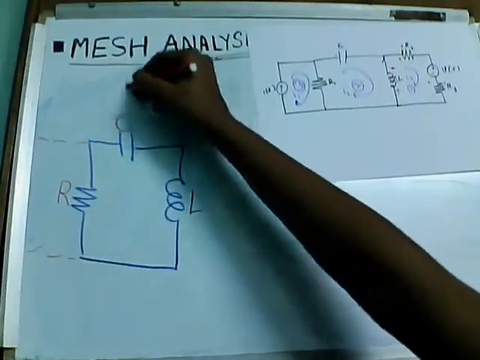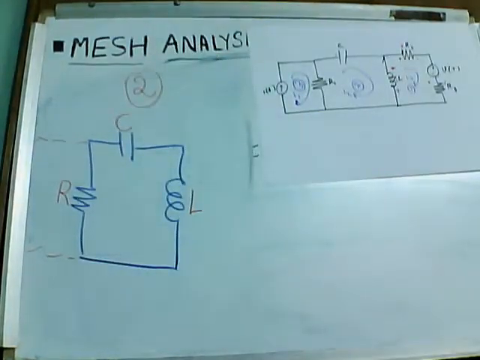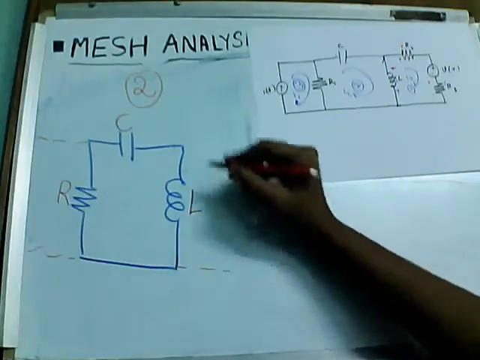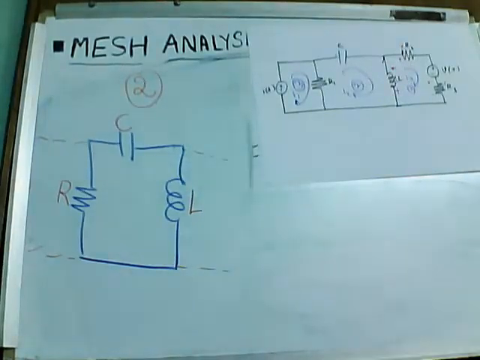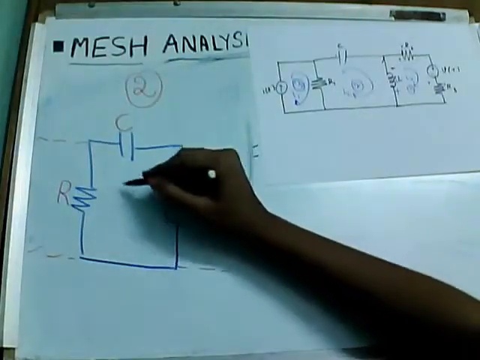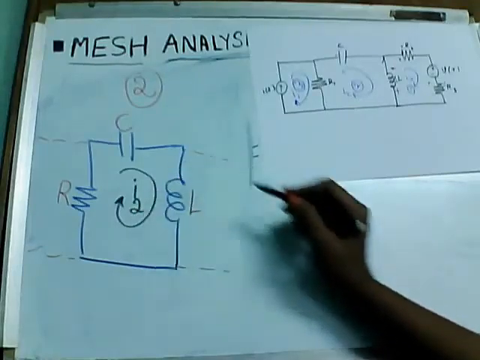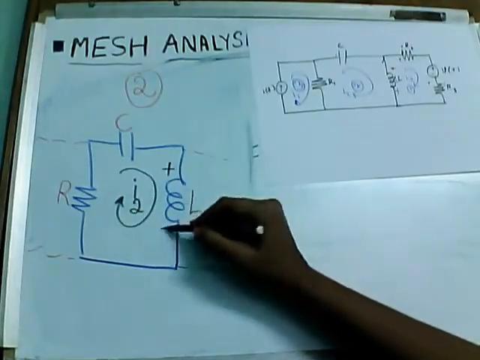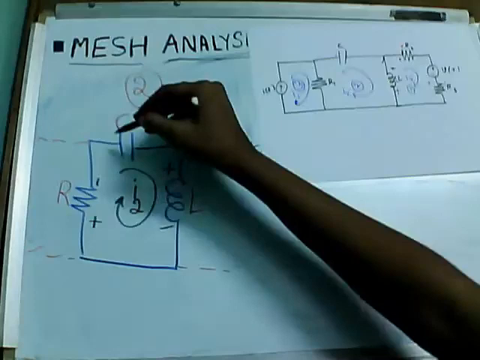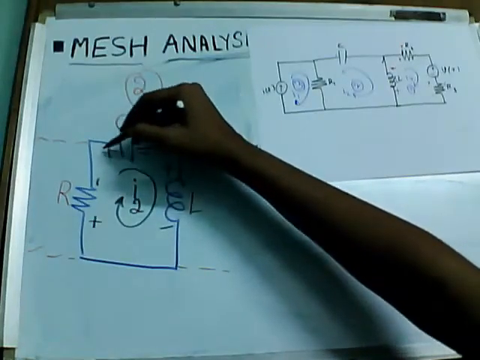And this is mesh 2. So the current flowing through it is I2, right? So positive to negative, positive to negative, positive to negative.